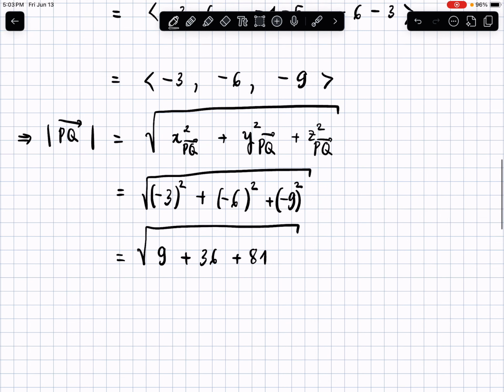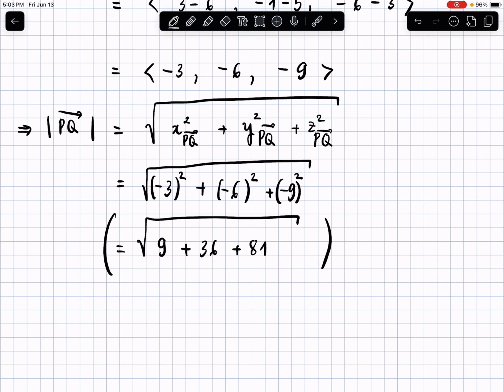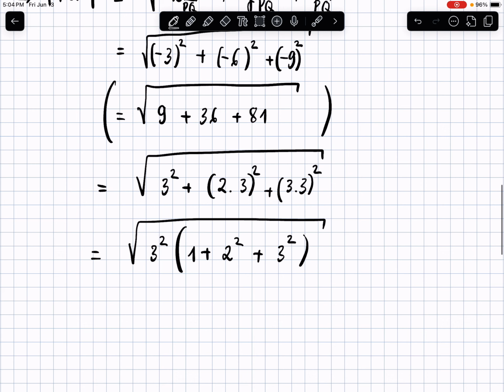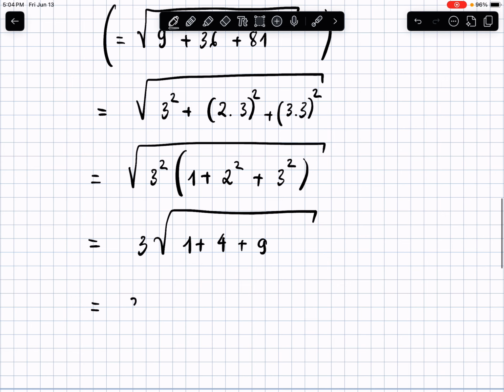Or we can also do this with 3 in common: 3 squared, 6 is 2 times 3, 9 is 3 times 3, which is 3 squared times 1 plus 2 squared plus 3 squared. So the square root of 3 squared times the square root of 1 plus 4 plus 9, which is 3 square root of 14.